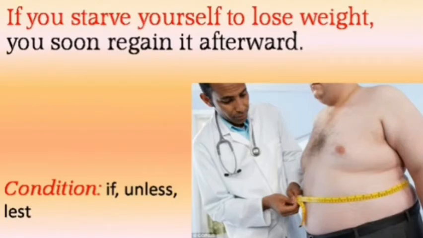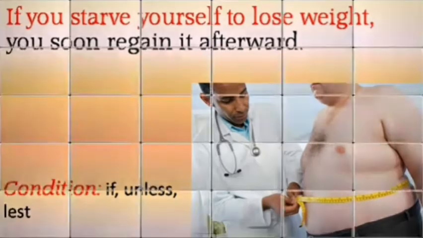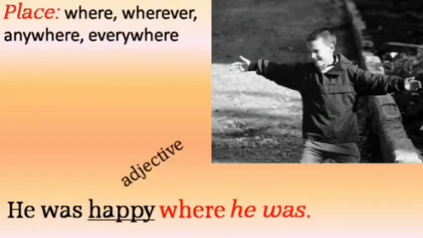Adverbial clause of condition start with if, unless, etc. He said he was happy where he was. Adverbial clause of place start with subordinating conjunctions like where, wherever, anywhere, everywhere, etc.